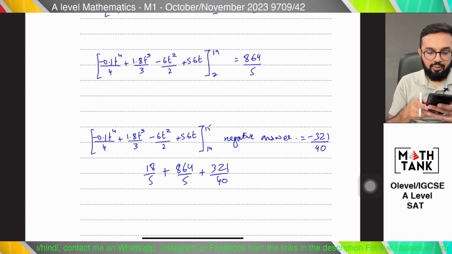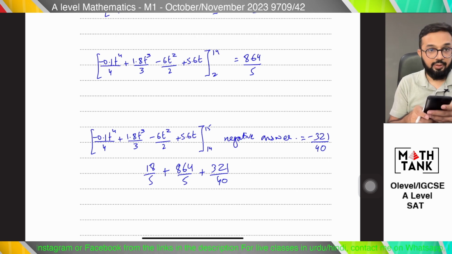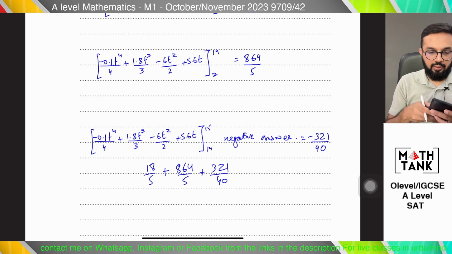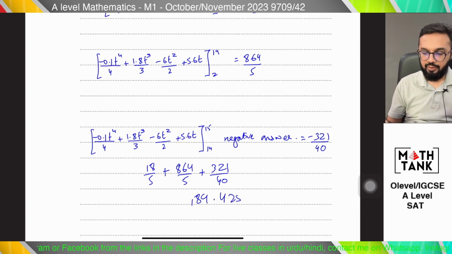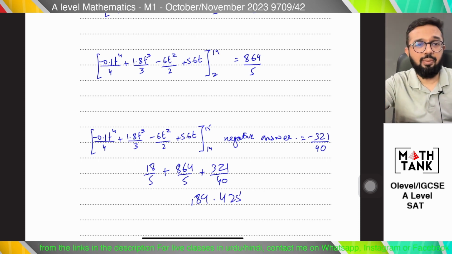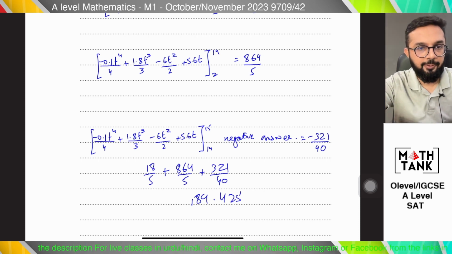So 18 over 5 plus 864 over 5 again plus 321 over 40. Okay, let's put that into a decimal. It says 184.425. Let's check if that's the correct answer. I'm not sure if I calculated correctly, but yes, that's the correct answer.